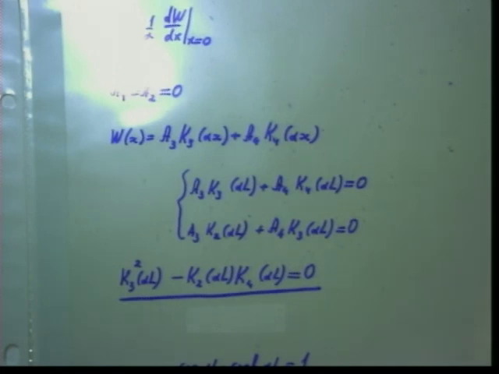Now I demand the determinant must be 0. So that is K3 diagonal terms, K3 times K3 will be K3 squared, minus K2 K4 equals 0.